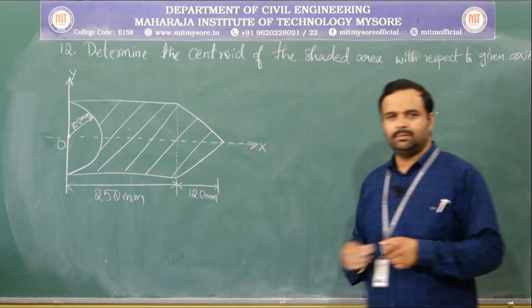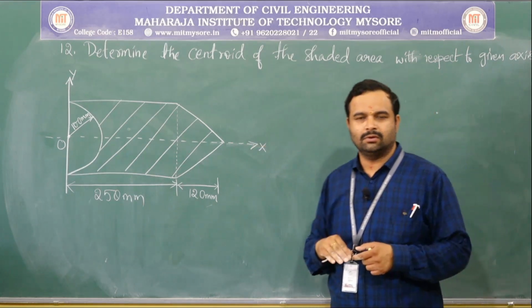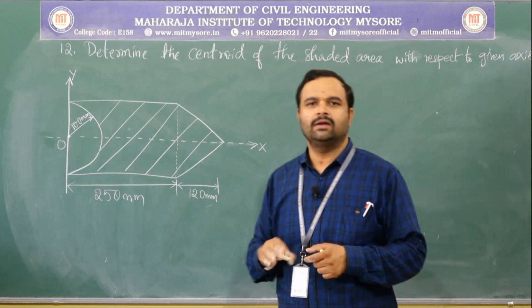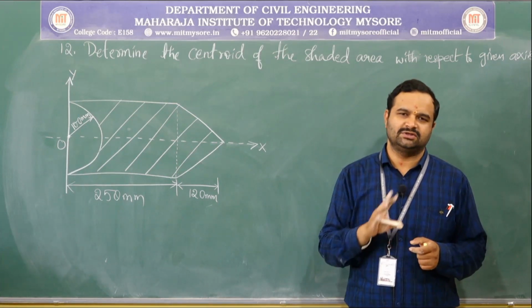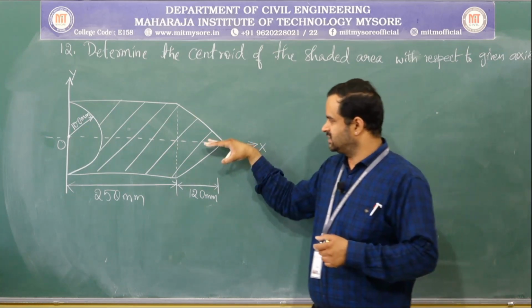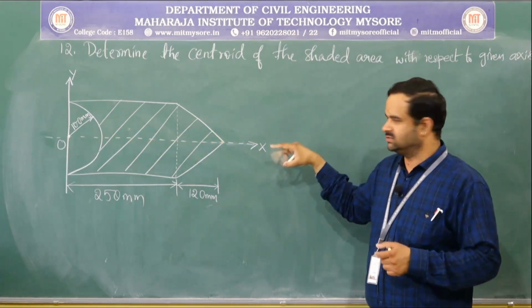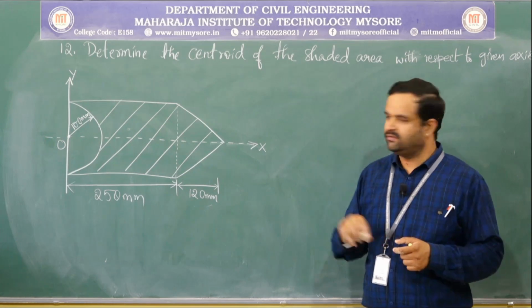In this problem, since it is symmetrical about the OX axis, we can write the value of y bar will be equal to 0. There is no need to measure y bar, since OX is exactly on the symmetrical axis.